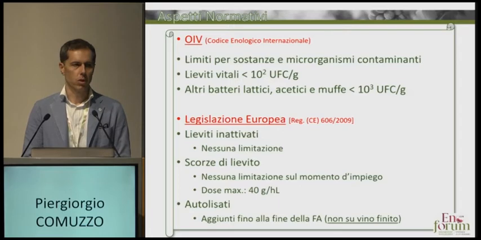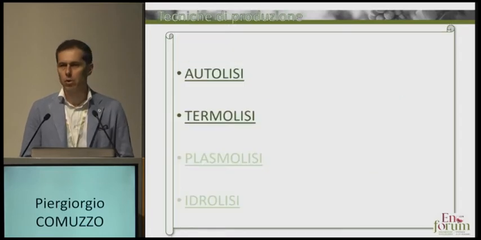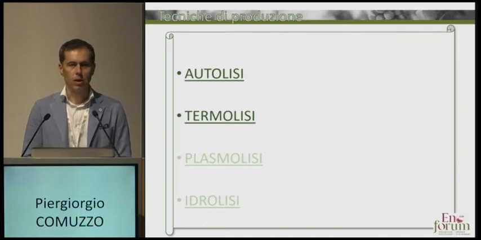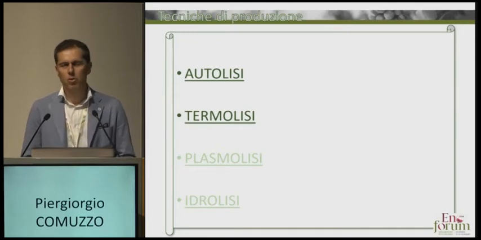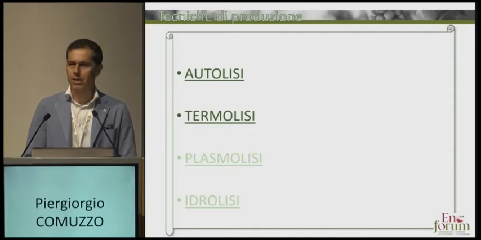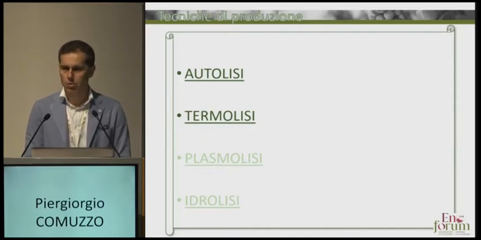If we set aside the yeast hulls that undergo a very minimum process, when we query about autolysates and inactivated yeast, there are various technologies, various methods that are used. How do we obtain those yeast derivatives?